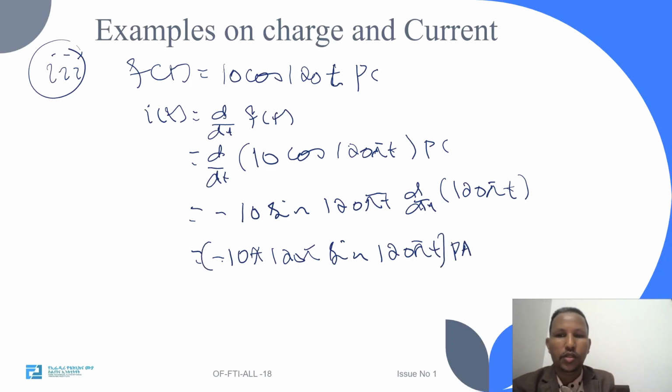Okay, so that's how we can determine the expression for the current passed through the element if the charge passing through the element is given. So to summarize the points, we have seen the basic definition of circuit analysis and the electrical parameters, current and charge, up to this point.